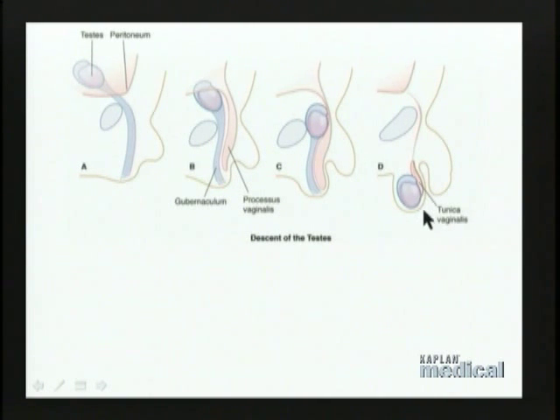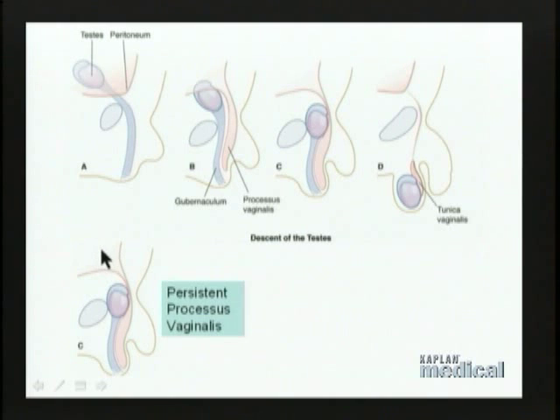The testis is normally descended. We'll leave this open communication, and since we said that that wouldn't be good because that would allow an easy pathway for hernias to occur, in fact, typically hernias do occur, and these children are born with congenital inguinal hernias.